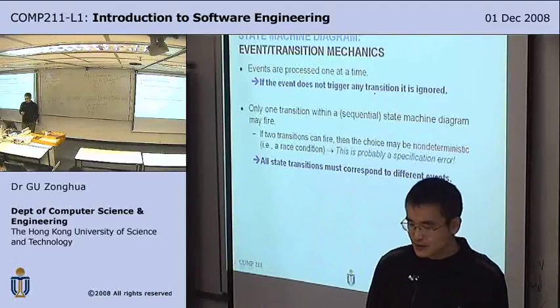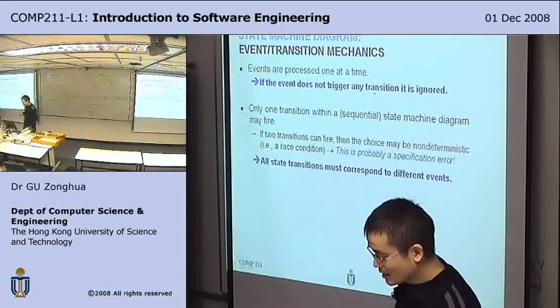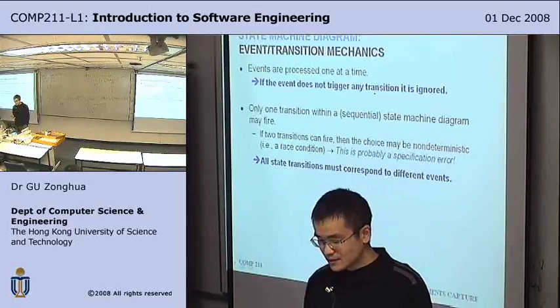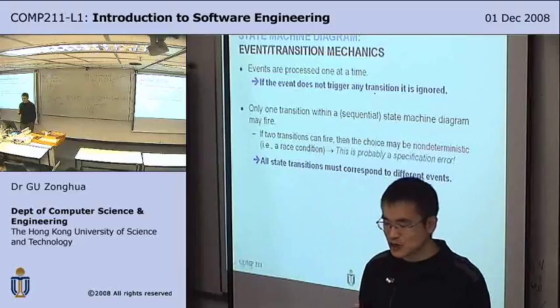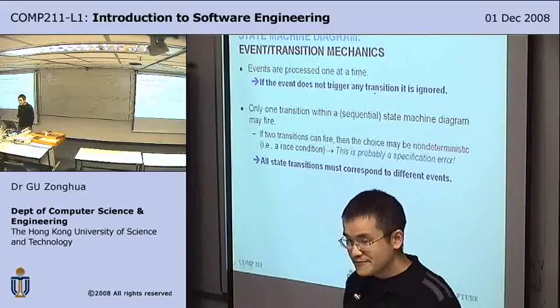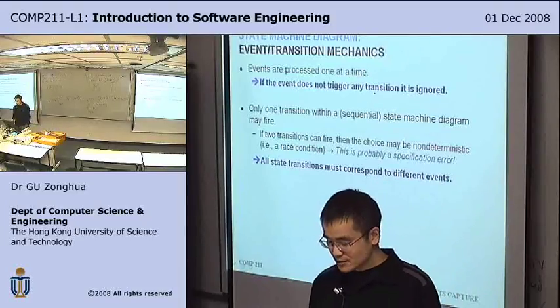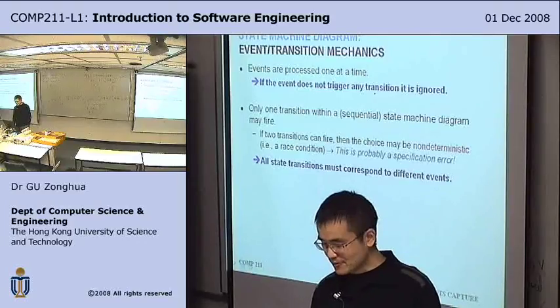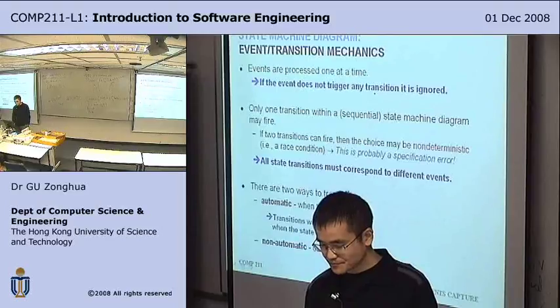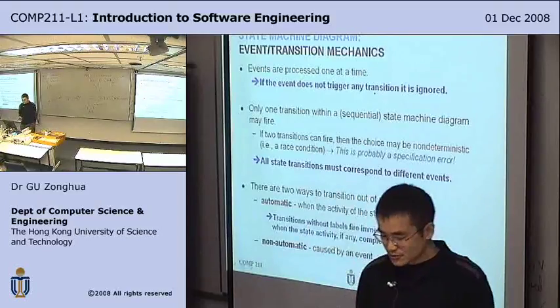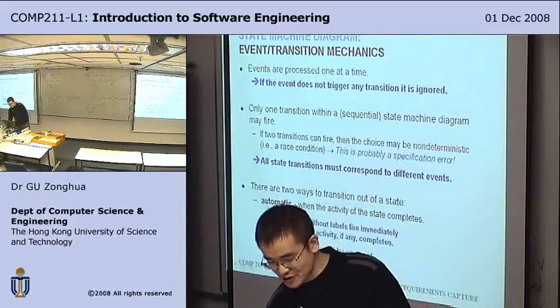That is, whenever an event happens, you should have only one choice as to which transition to take. If you have multiple choices, then it's probably an error. It's non-deterministic.